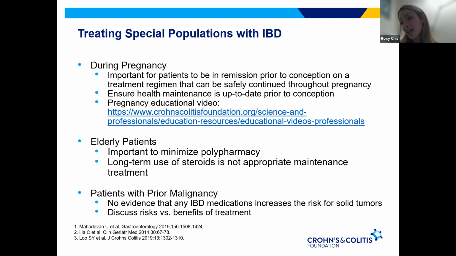So if someone has had a malignancy, you want that immune system to not be suppressed, to watch out for other cancers. A lot of the time that will influence the type of agent that we use. We do have some biologics that are more confined to the gut, so they don't have systemic side effects, meaning that we're more likely to go for that medication, specifically vedolizumab or Entyvio, because of the decreased risk of malignancy recurrence.